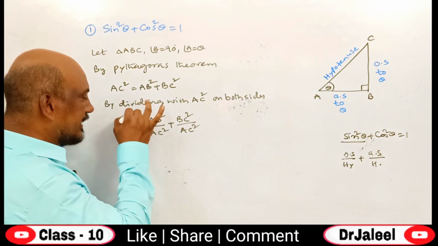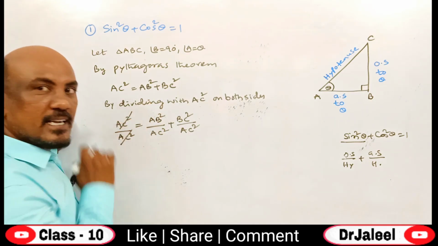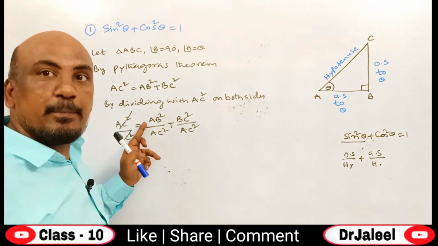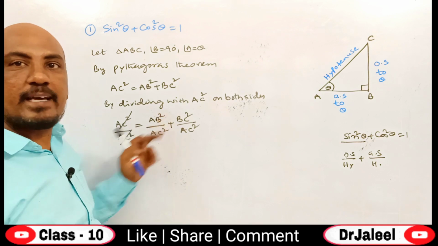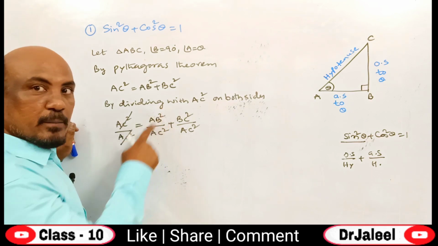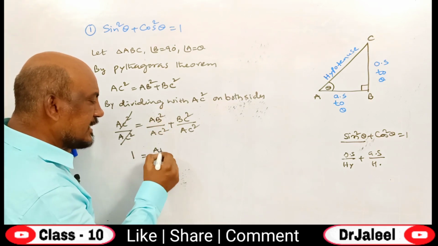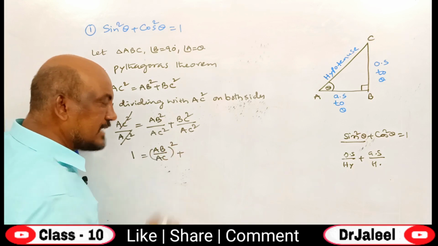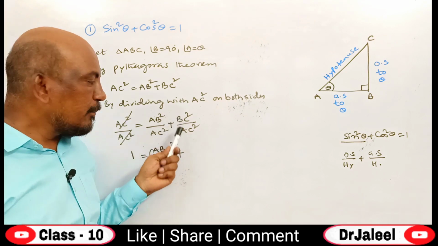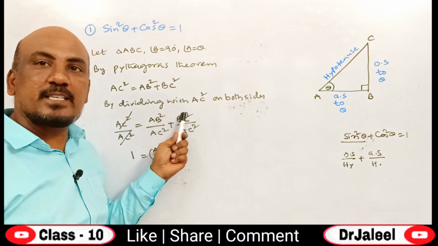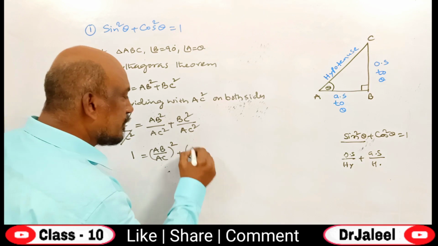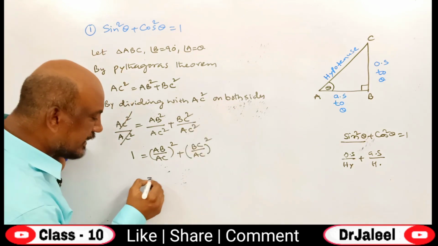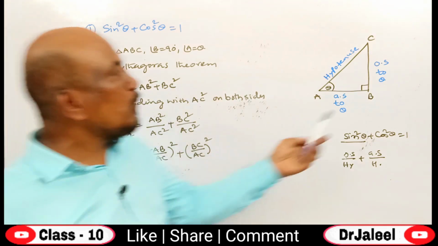So what happens here, children? AC square will get cancelled and 1 is equal to AB square by AC square, which you can write as AB by AC whole square, plus BC square by AC square, which is BC by AC whole square. Now in the next step, what is this AB?